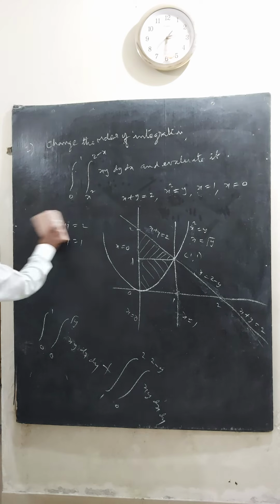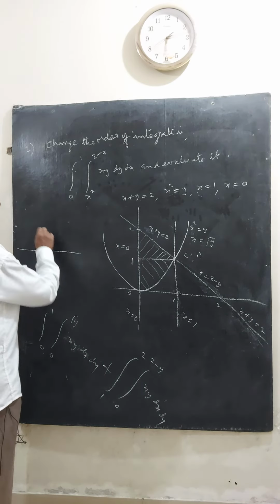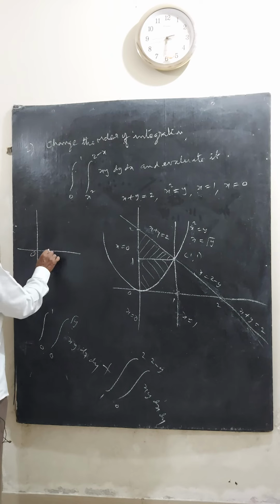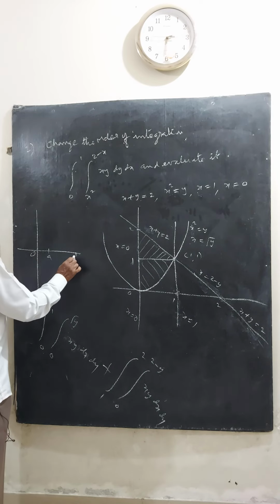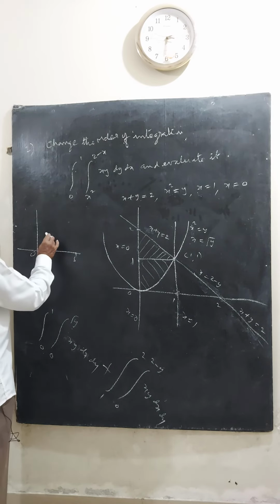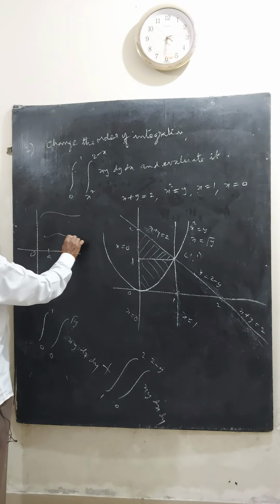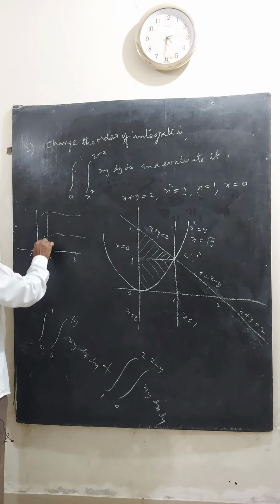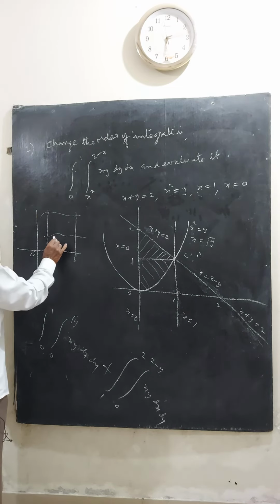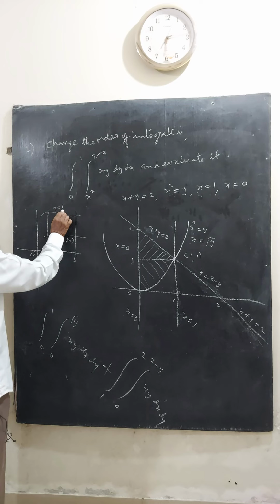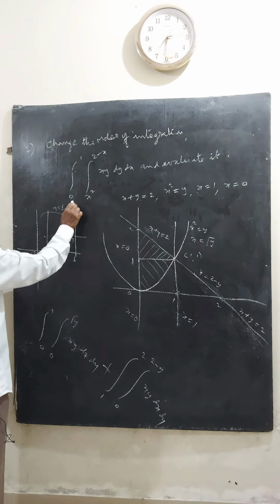Again, I am telling, if limits are a to b on the x-axis, there are two curves. Let us draw the straight line, y equal to f1 of x, y equal to f2 of x.